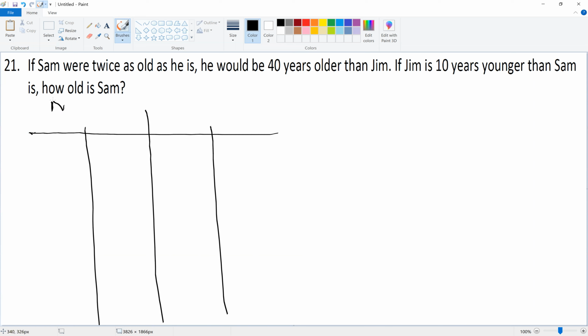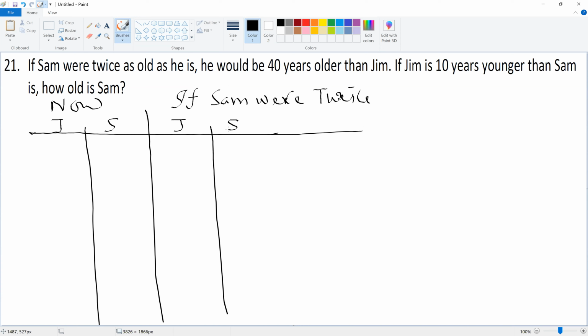I did this one. Go ahead. It said if Sam were twice as old as he is, he would be 40 years older than Jim. If Jim is 10 years younger than Sam, how old is Sam? So what I did was I started from 15.